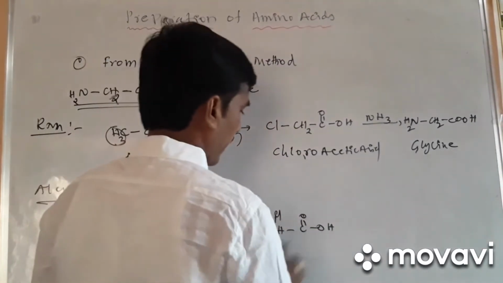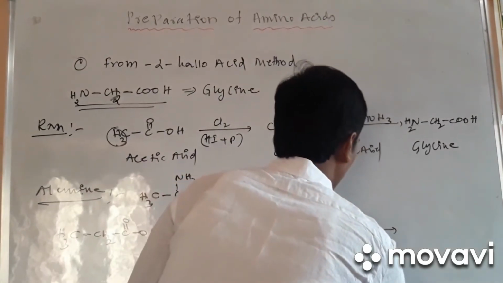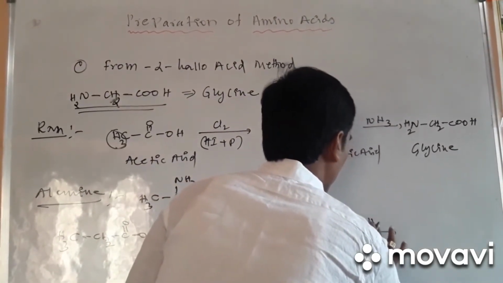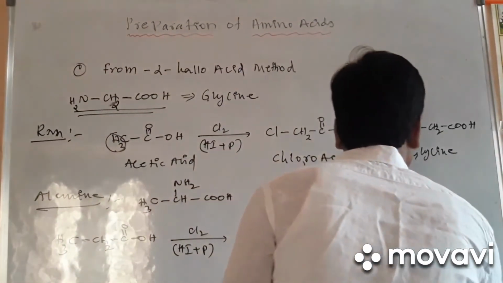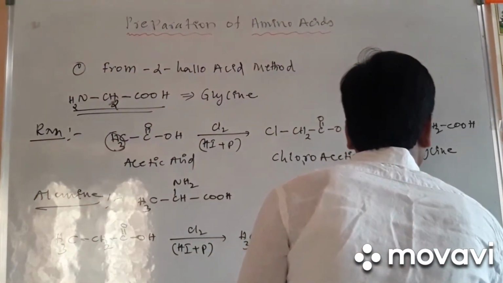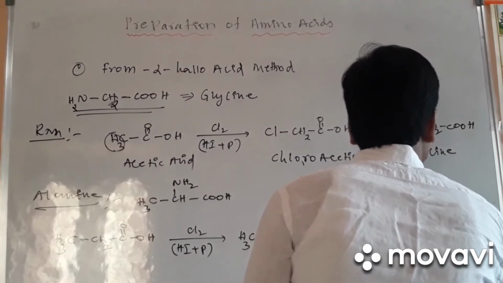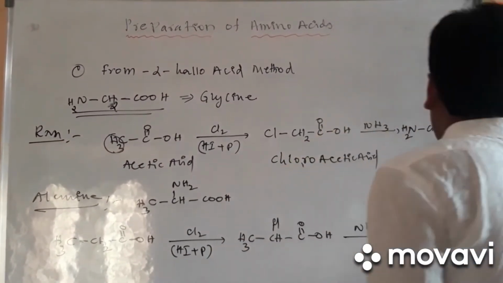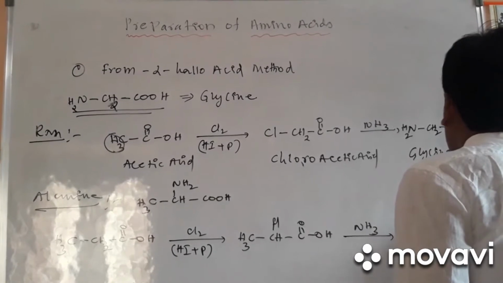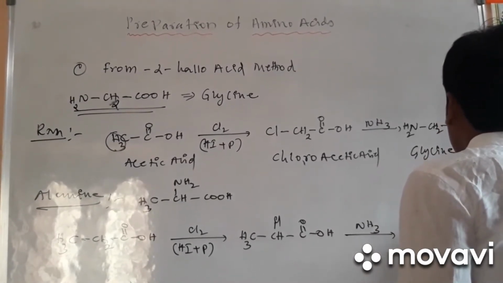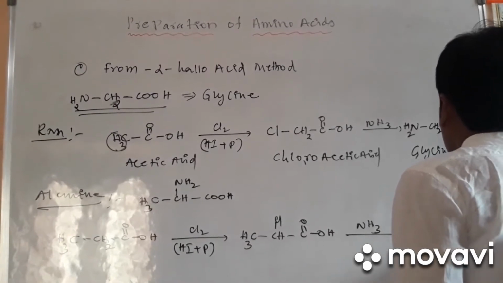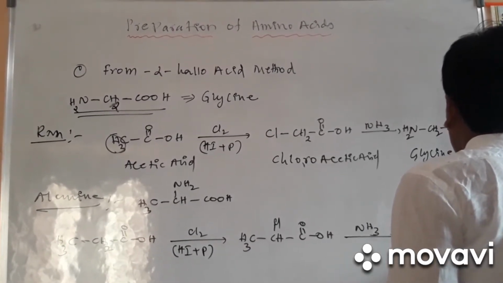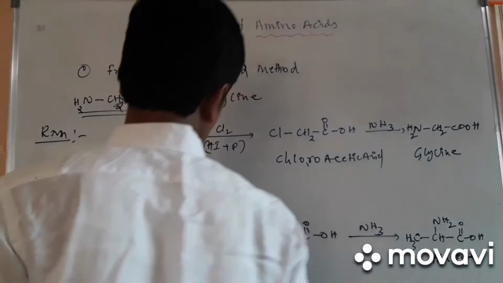This chloropropanoic acid reacts with ammonia to produce alanine, CH3CHNH2COOH. This is alanine.